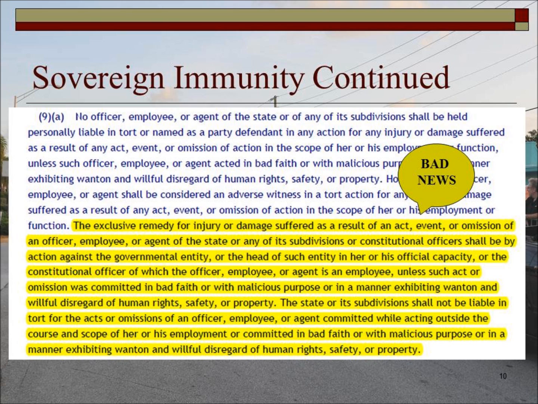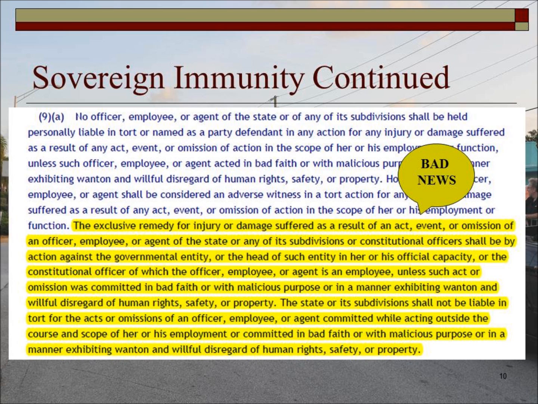If the omission or act, which is the subject matter of the lawsuit, was done in bad faith or with malicious purpose or in a manner exhibiting wanton or willful disregard of human rights, safety, or property, there can be tort liability.